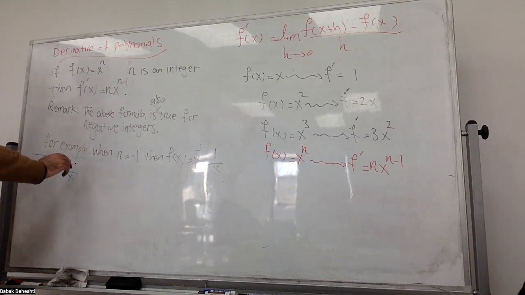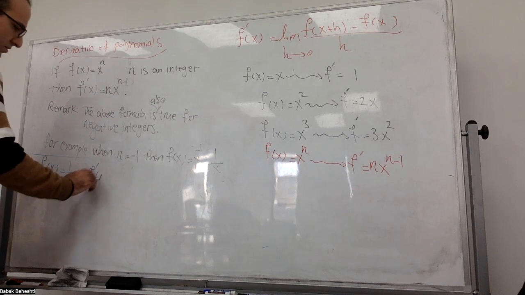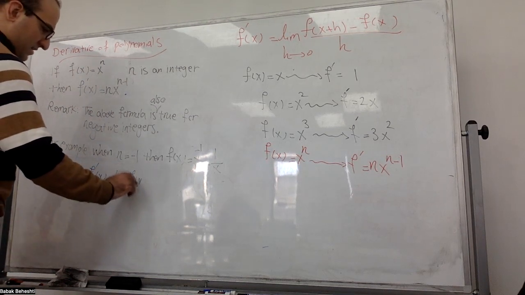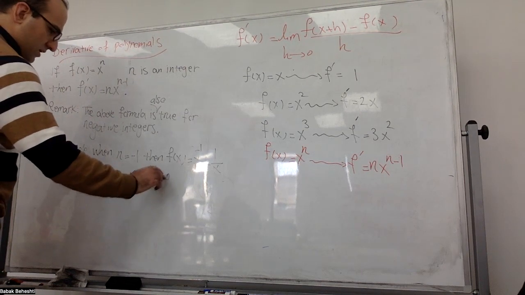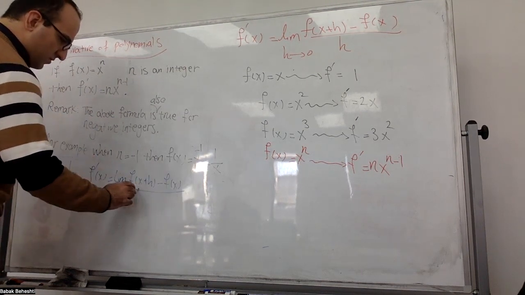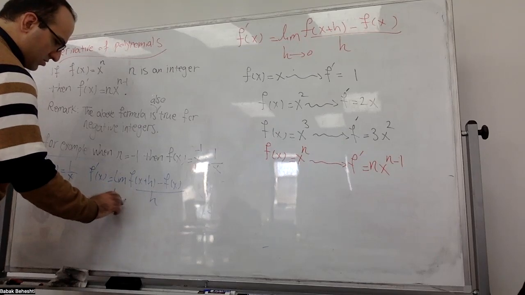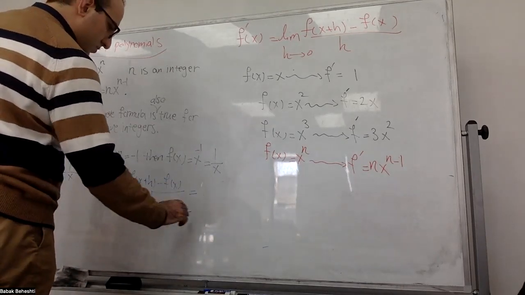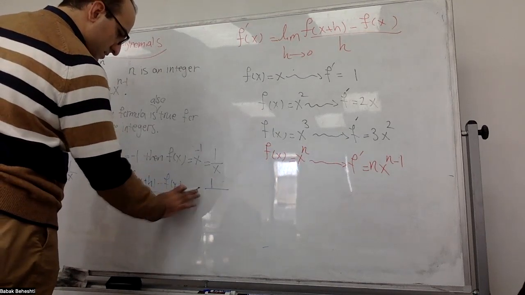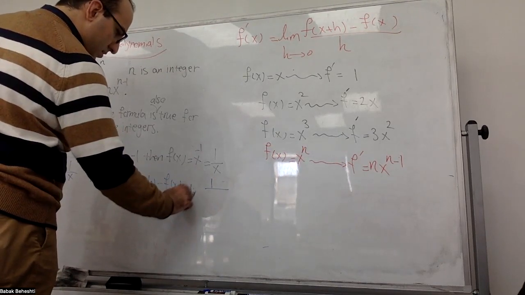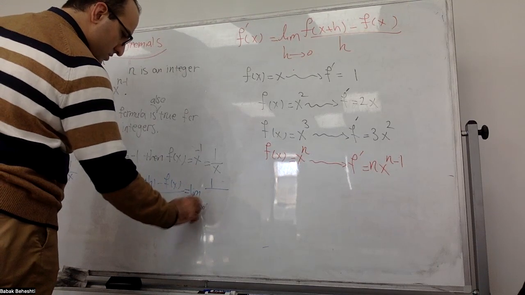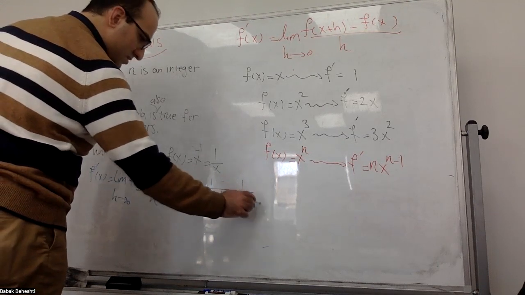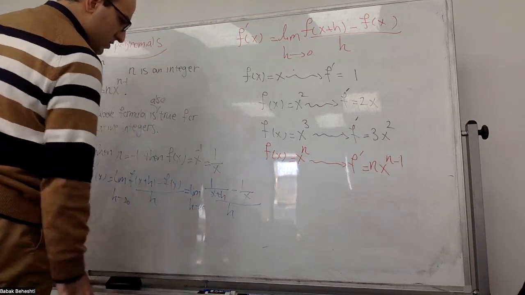Then f prime of x is the limit of f of x plus h minus f of x over h as h goes to 0. And this is equal to the limit as h goes to 0 of 1 over x plus h minus 1 over x, over h.